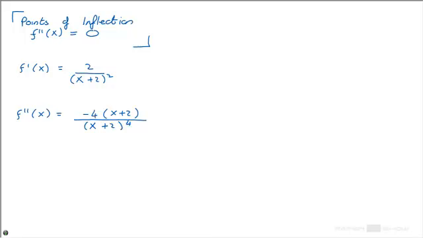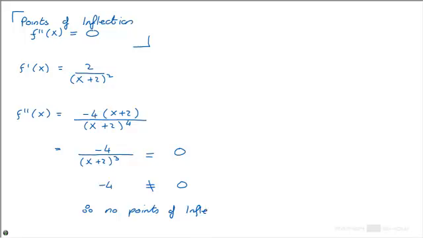Of course, those x plus 2's can cancel. It's not essential that you do that now. Of course, you're going to use a similar thing, put it equal to 0. So minus 4 is not equal to 0, therefore no points of inflection. And make sure you make that statement, please.